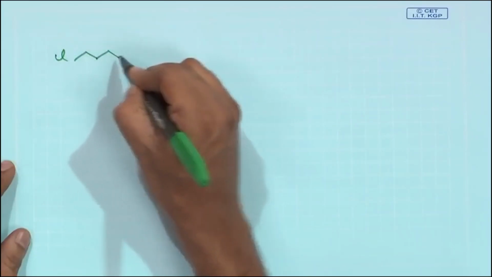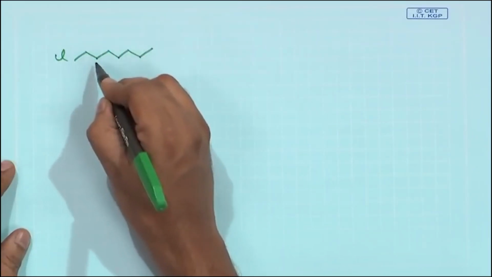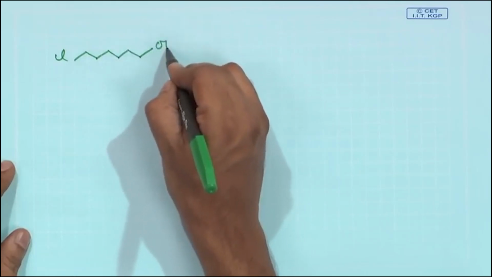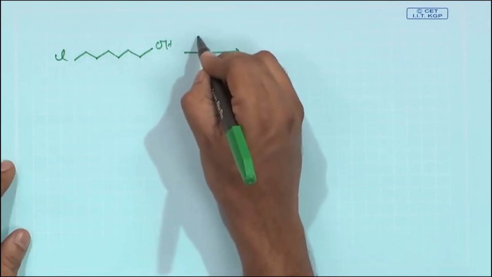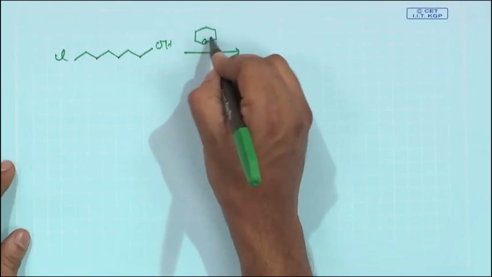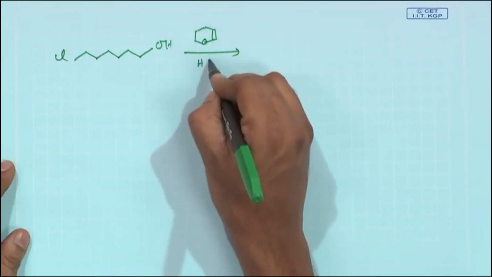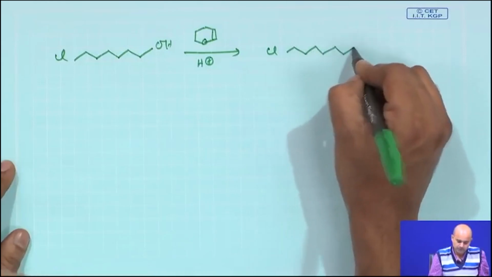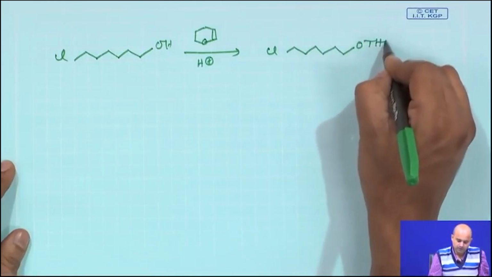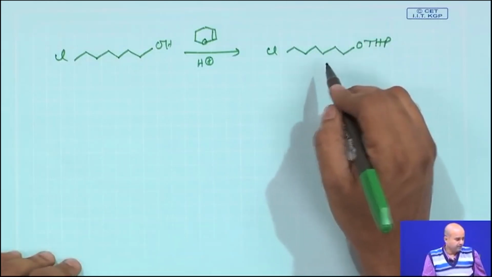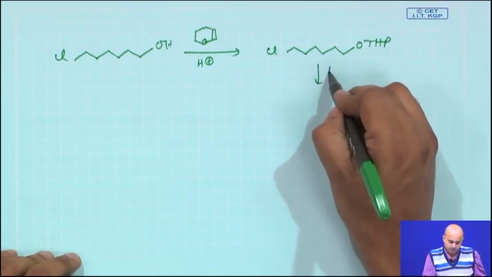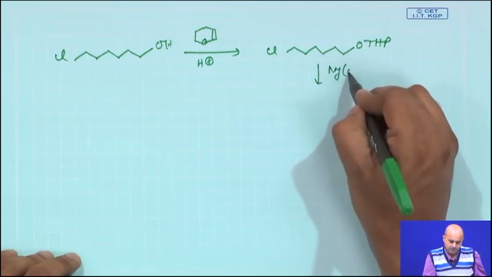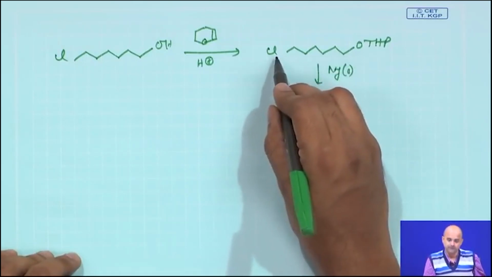The initial compound which was given to you is Cl, six methylenes in between, 1 2 3 4 5 6, OH. We treated it with dihydropyran and H plus, and you will first get its THP ether. Now we do the next FGI: a magnesium treatment, magnesium metal, which gives you MgCl.